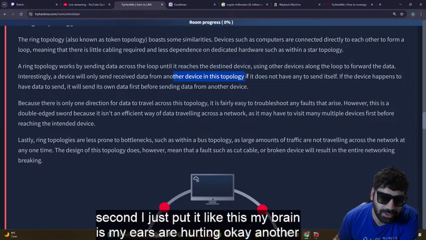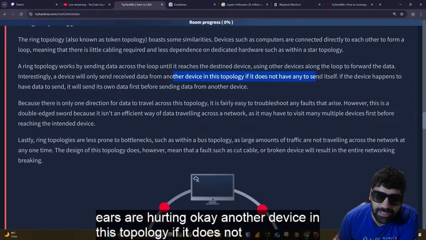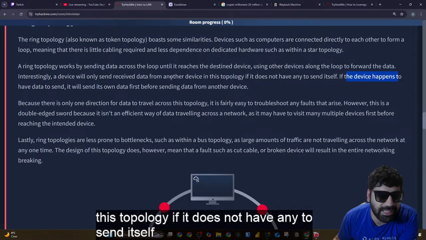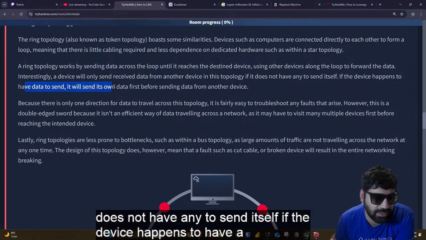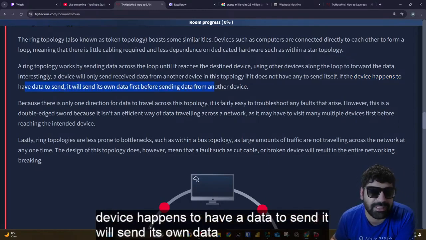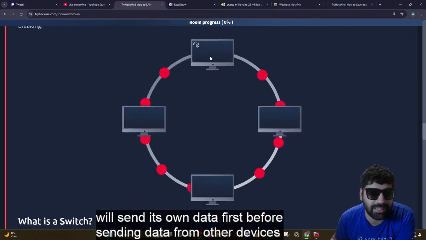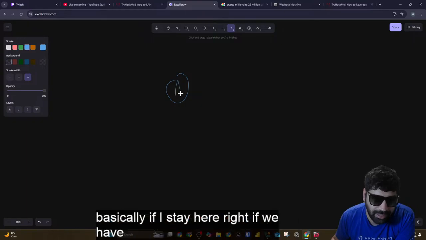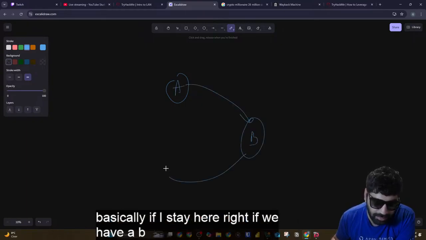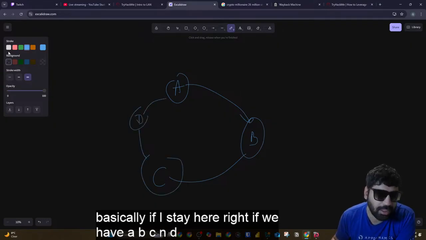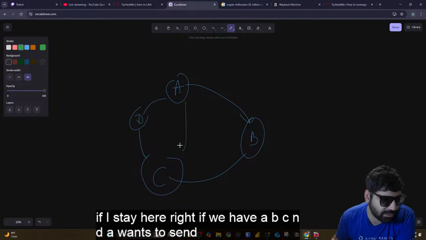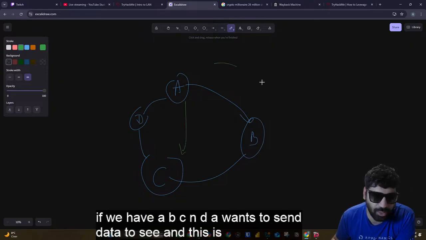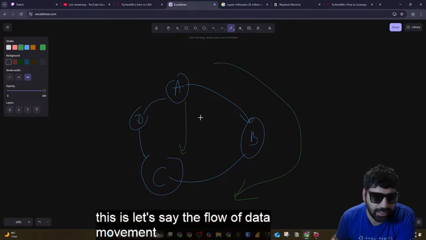If the device happens to have data to send, it will send its own data first before sending data from other devices. So basically, if I say here, right, if we have A, B, C, and D. A wants to send data to C, and this is, let's say, the flow of data movement, right?